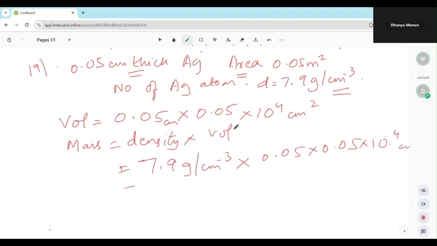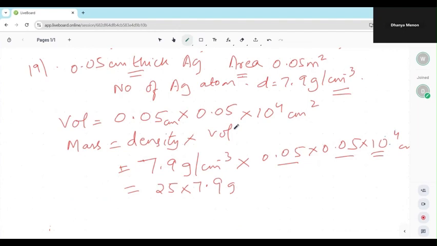Okay, so this gives you 25 times 7.9. Okay, I'm keeping it as it is. This is 0.05 and 0.05. So the 10 raised to 4 gets cancelled with this. Okay, so this is our mass. I'm keeping it as it is. Okay, this is grams.